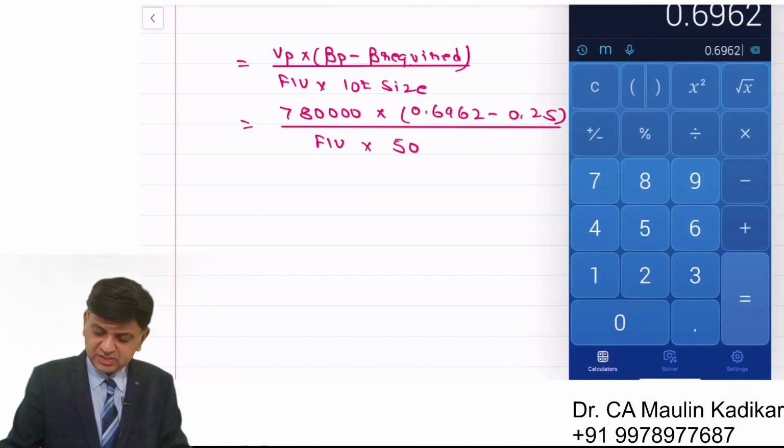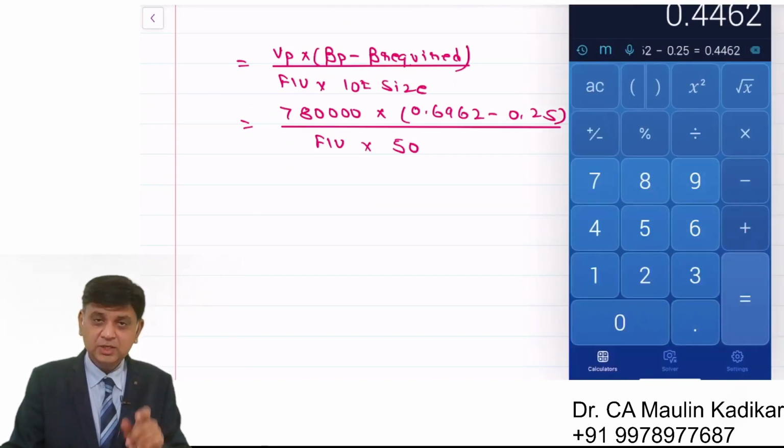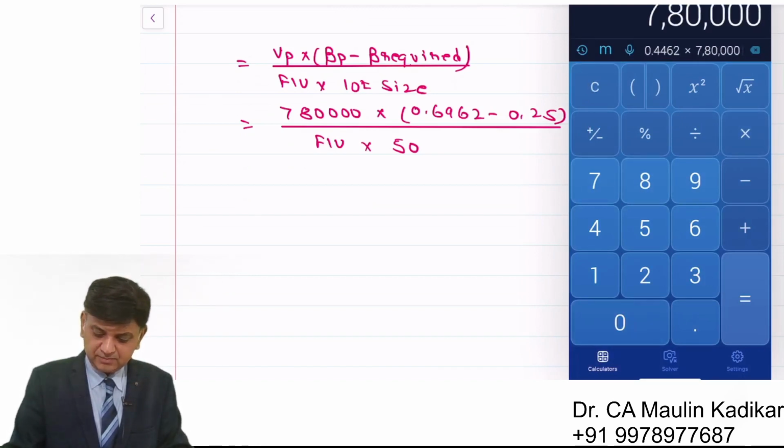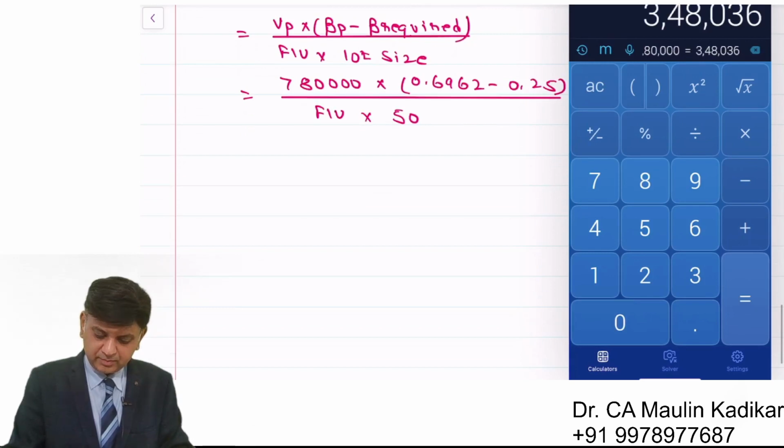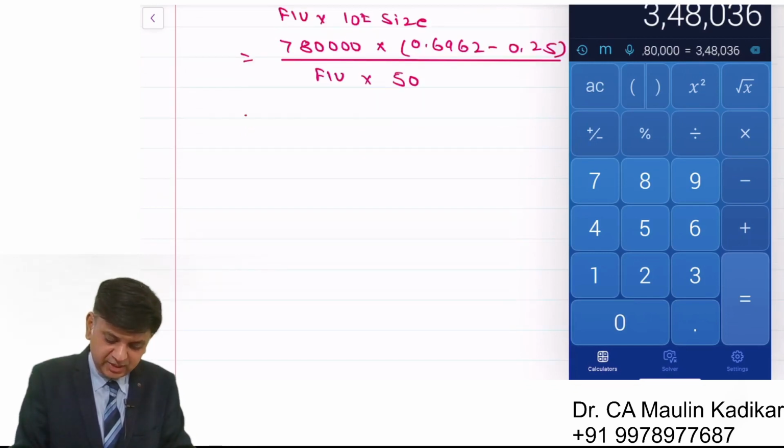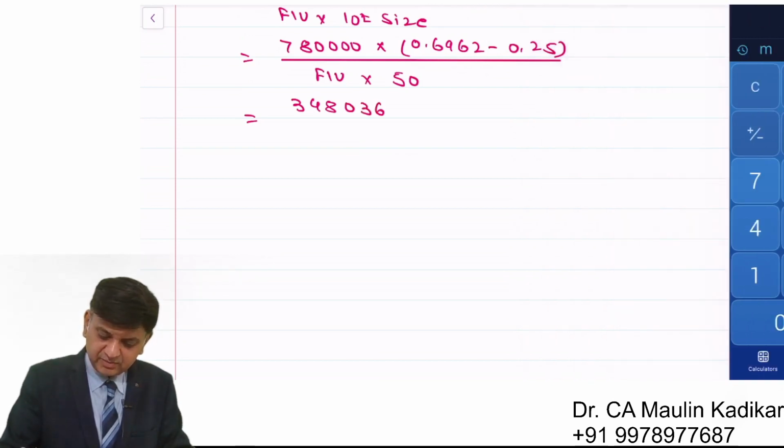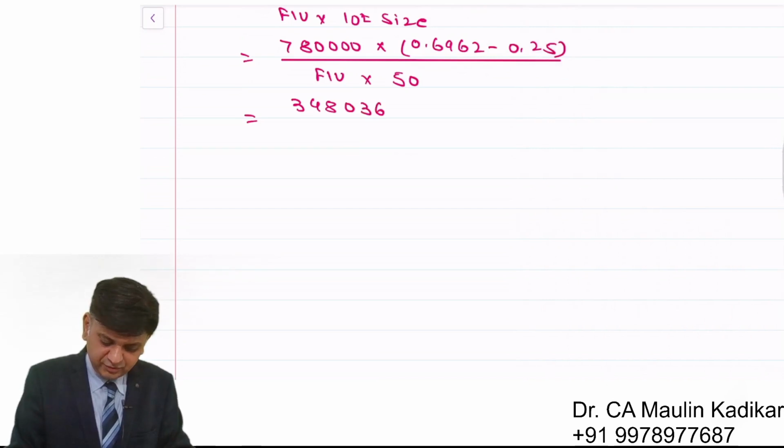So 0.6962 minus 0.25, so 0.4462 into 7,80,000, that comes to 3,48,036 divided by futures index value into 50.